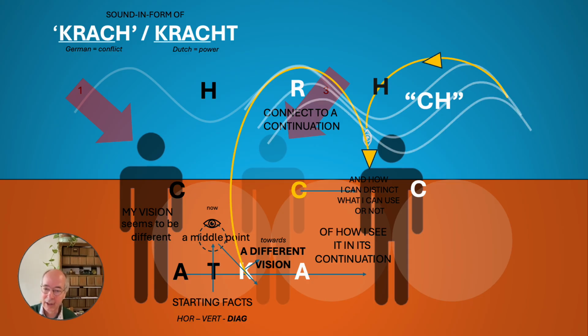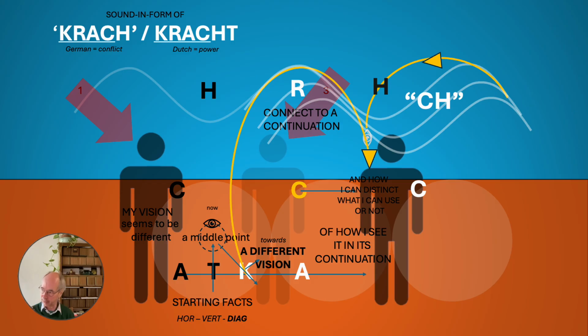And the C connects to H. H is about the full range of continuations of this whole situation. The CH is a combination of C and H. So what can I distinguish in all the continuations of this connecting and so on, is a whole range of possibilities.